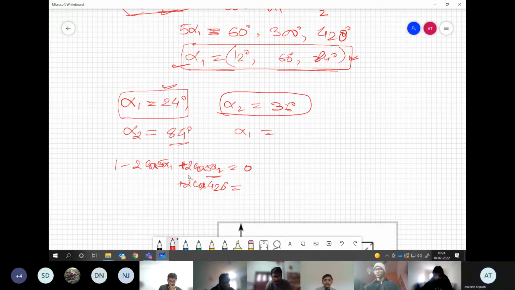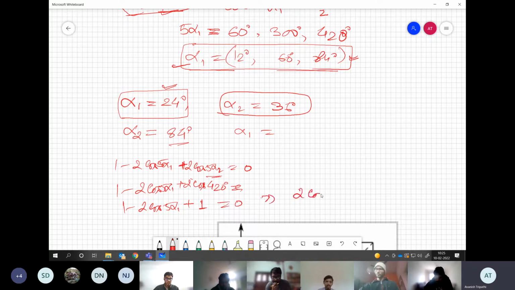So with 84 this comes out as plus 1 equal to 0. So you have 2 cos 5 alpha 1 is equal to 0, right? So alpha 1 is coming as some 18 degree. Sir, 2 cos 5 alpha 1 equal to 2.